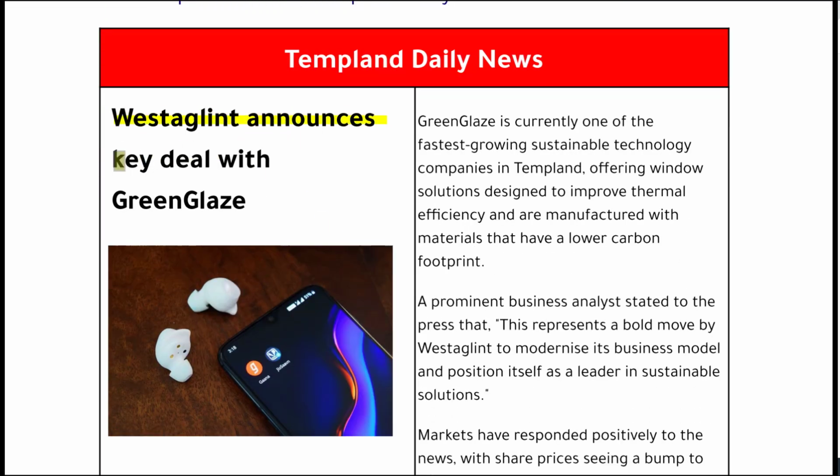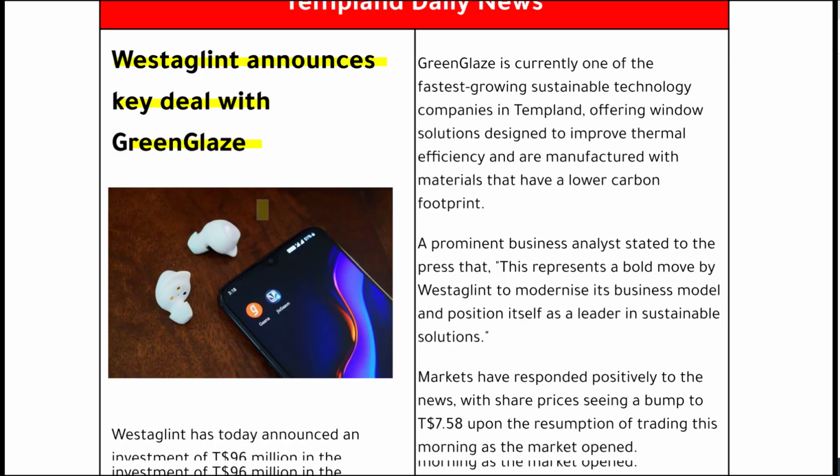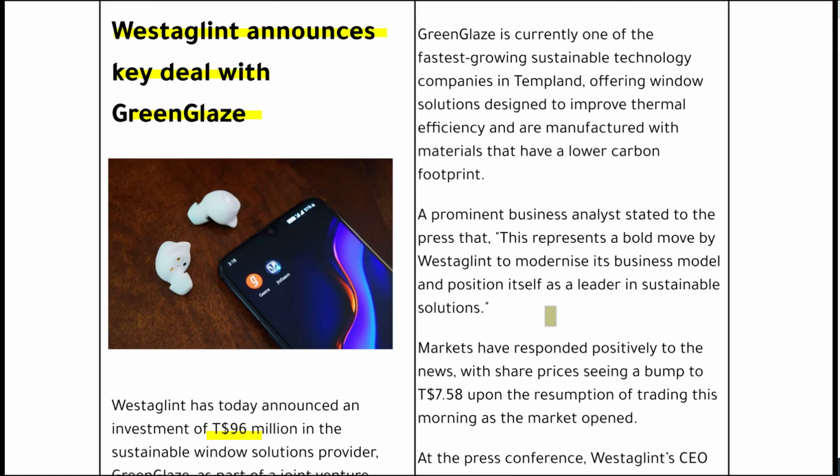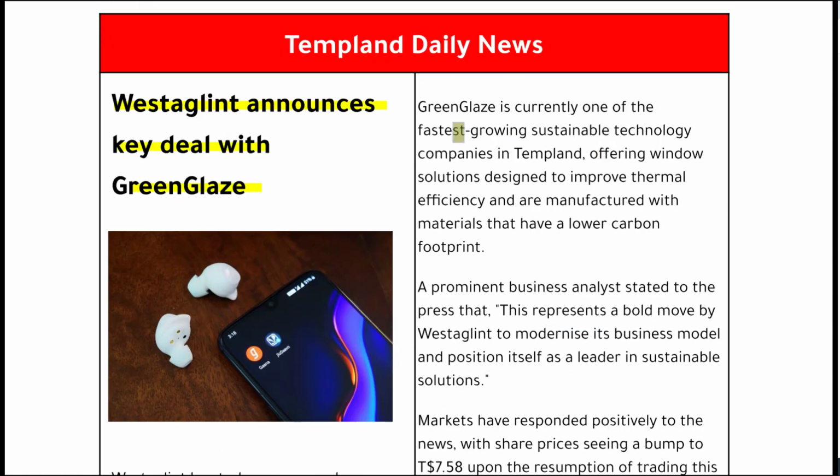Westerglint announces key deal with Green Glaze. $96 million deal. Joint venture. Fast-growing sustainable technology companies in Temple offering window solutions designed to improve thermal efficiency and are manufactured with materials that have a lower carbon footprint. So actually this is a bit of a double whammy here, because they are a less carbon emissive company than we are.